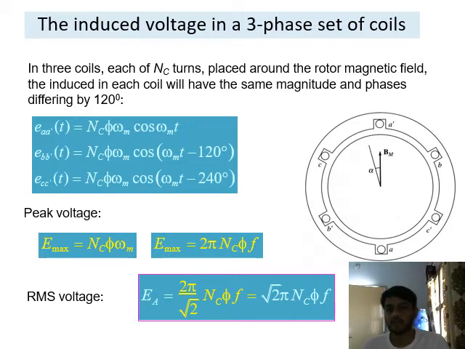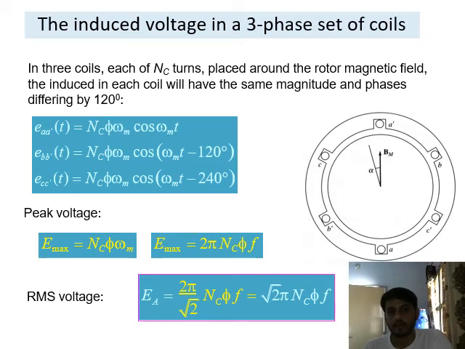If we calculate the value of EA, where t is the time parameter, we get Nc phi omega m cos omega m t. All the other values are the same, but the angle is changed.